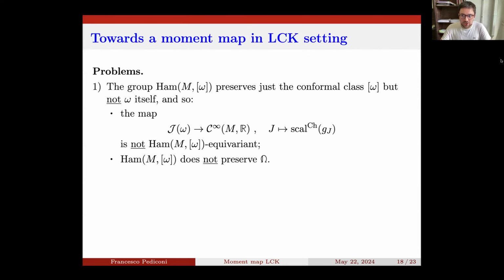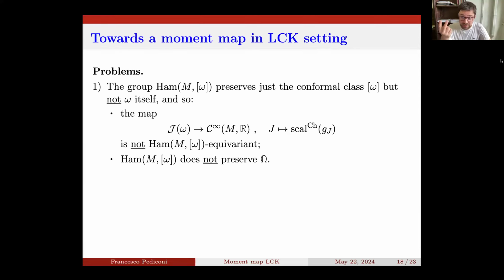Actually, it turned out that there are some problems in doing that. So the first problem that we faced is that this twisted-Hamiltonian gauge group of transformations preserves the conformal class of omega, but not omega itself. And this fact implies in particular that your natural candidate for the moment map, that is the Chern scalar curvature, is not equivariant with respect to the action of the twisted-Hamiltonian group.